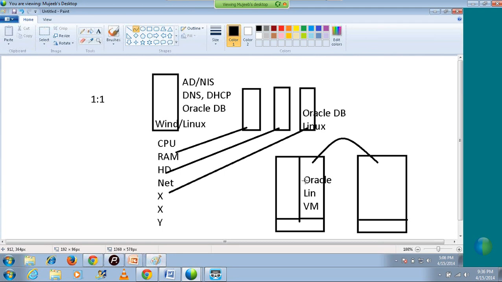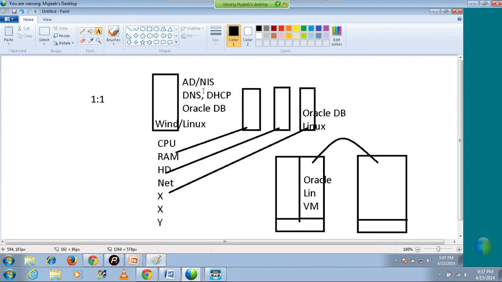That means your Oracle database is running, your Linux is running, and the end user who is connecting to this database may be entering certain data or retrieving certain data. He never knows that this particular application on this virtual machine is getting migrated from one server to another server. And the virtual machine will get migrated seamlessly. When I say seamlessly, no network loss, no data loss.